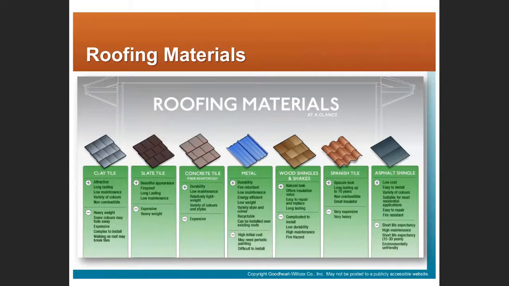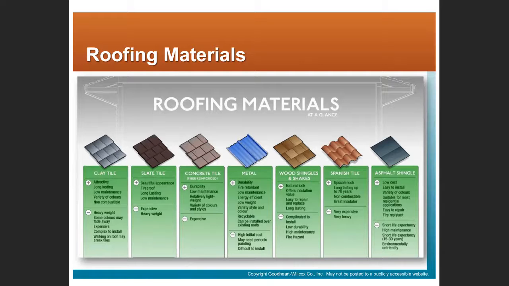We're still in Division 7 here, right? So here are some examples of roofing materials. Let me just double check something here. How about that? I'm just making sure I got all my videos teed up here.